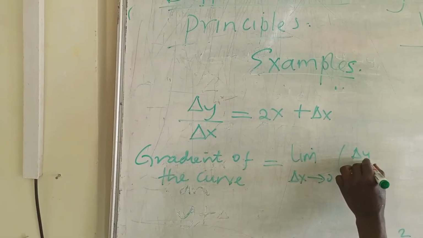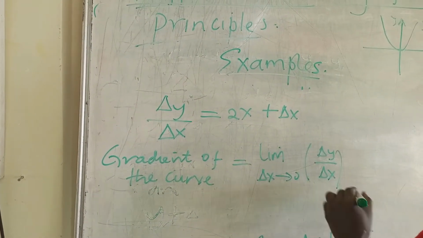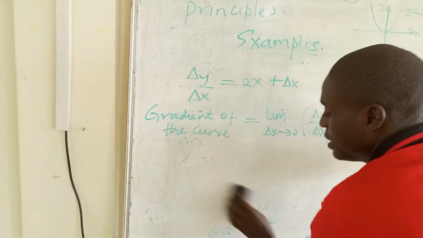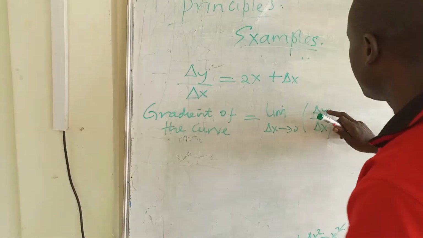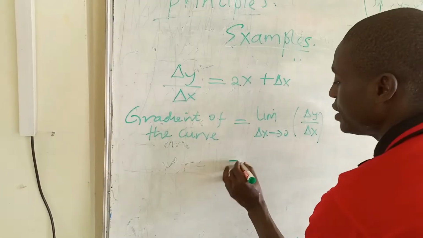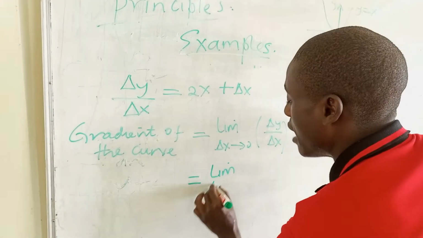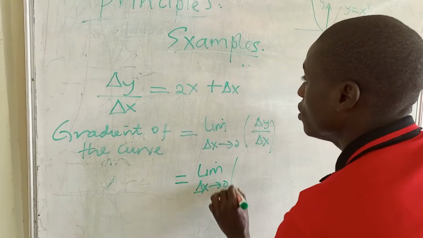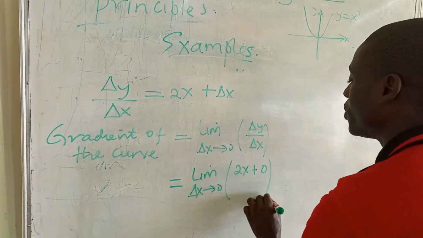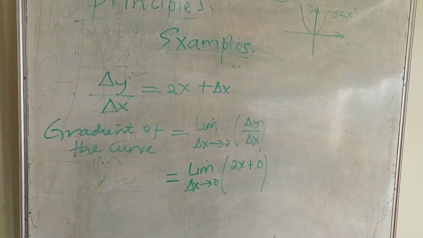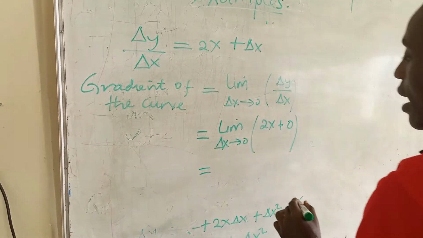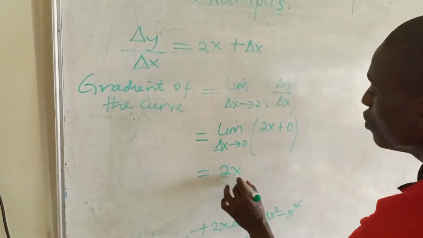Therefore, substitute the expression where there is del y over del x. This becomes the limit as the change in x tends to 0 of 2x plus the change in x, which gives 2x plus 0, because this change in x has tended to 0. Therefore, our gradient of the curve will be 2x.